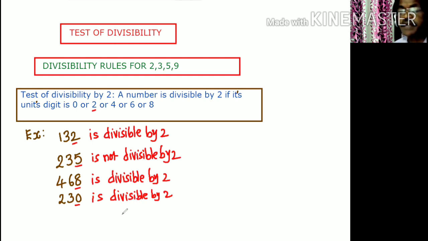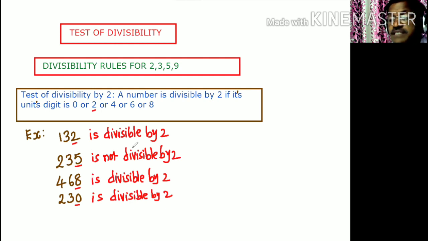So, in this way, we can decide, we can say without actual division, whether the given number is divisible by 2 or not.